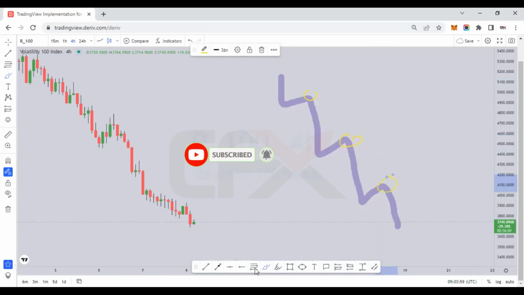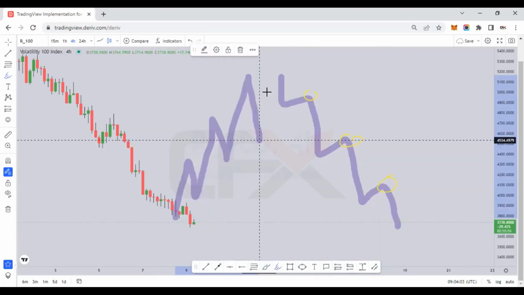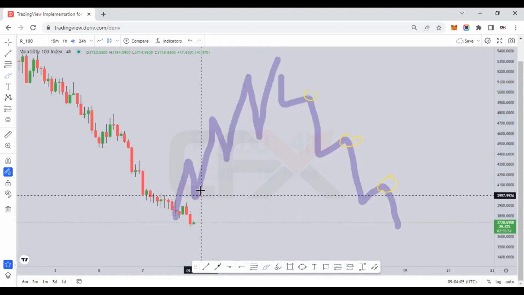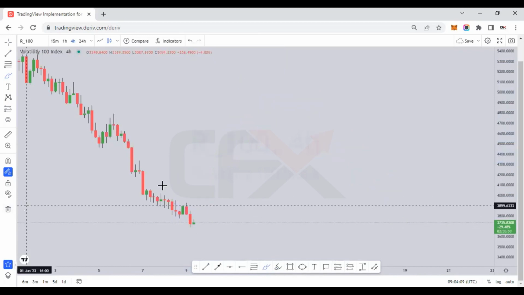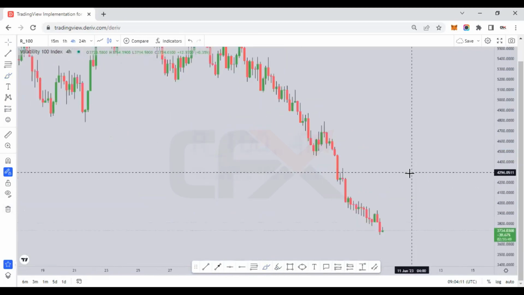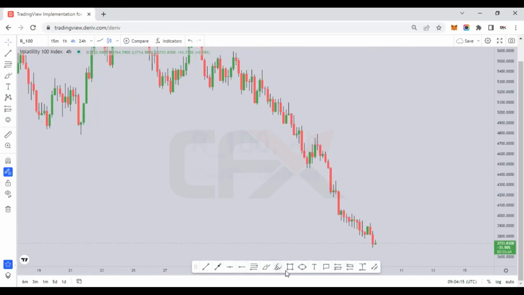And if the market is going up, we can again use the Fibonacci to track all these pullbacks. So mostly we use it in trending markets. So here we have this trending market.